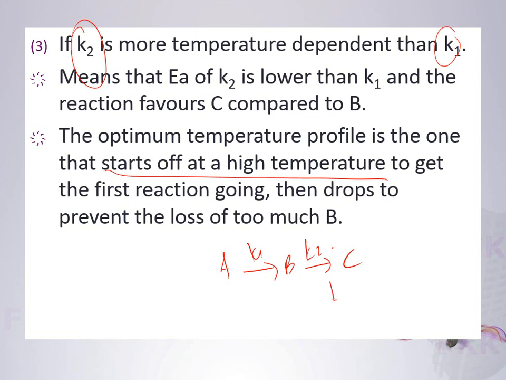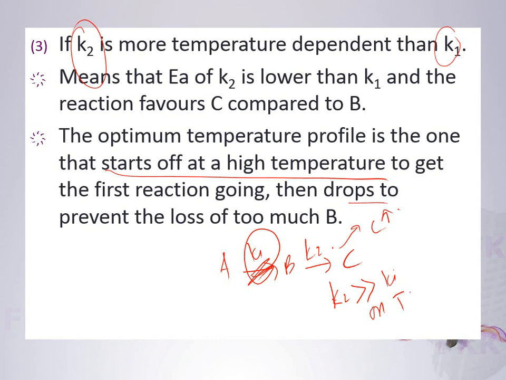If K2 is more dependent than K1 on temperature, when we change the temperature a little, K2 goes up. When K2 goes up, it means more C will be produced. So when this happens, you start off at high temperature to get this one going, because this one has to proceed first, then drop it to prevent the loss of too much B.